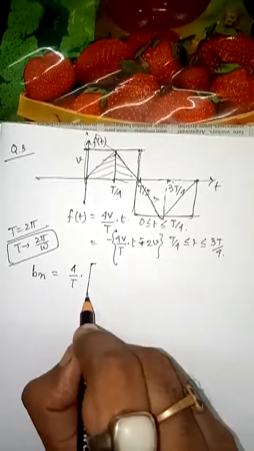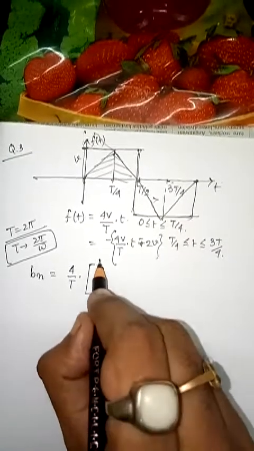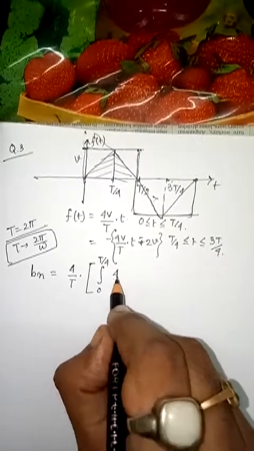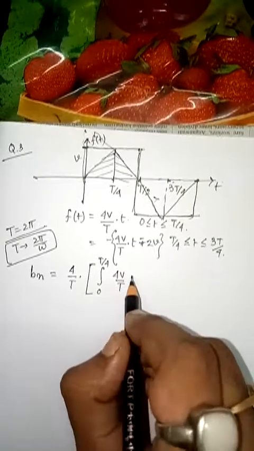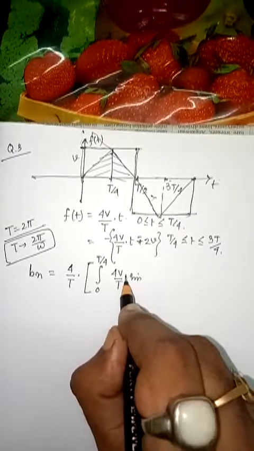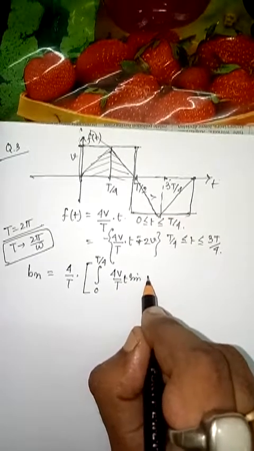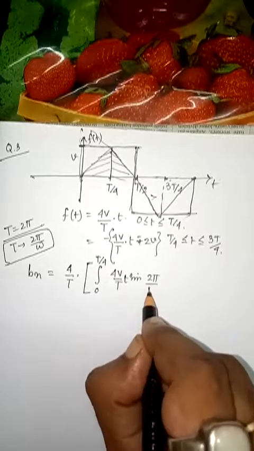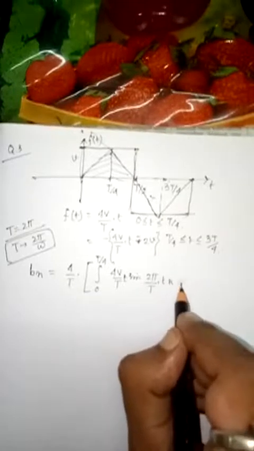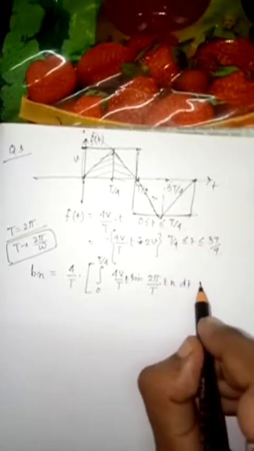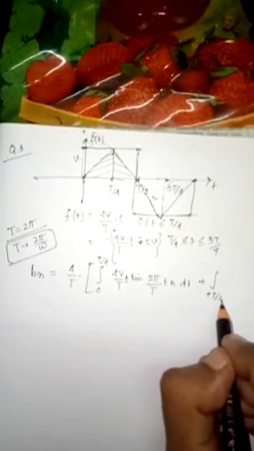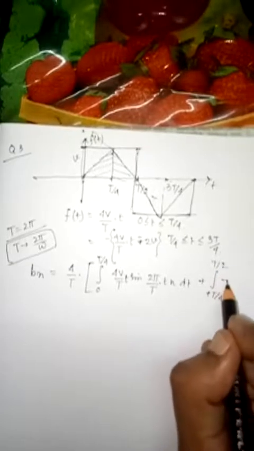Inside you can see, from 0 to T by 4, 4V by T into t, sine of 2 pi n by T into t dt, plus, from T by 4 to T by 2, here it is minus.